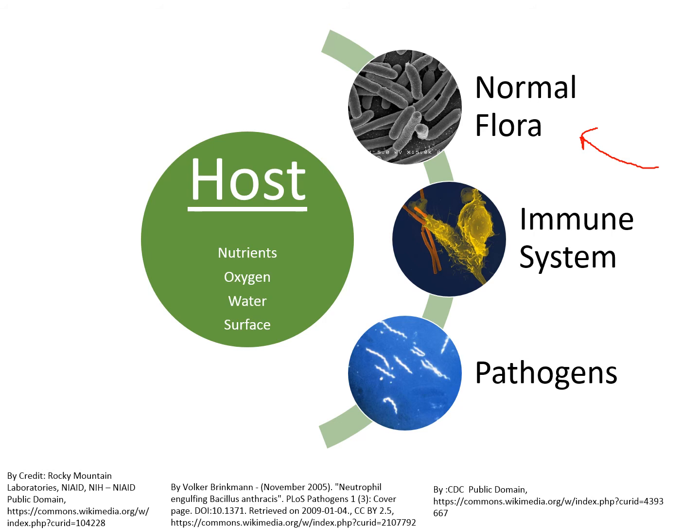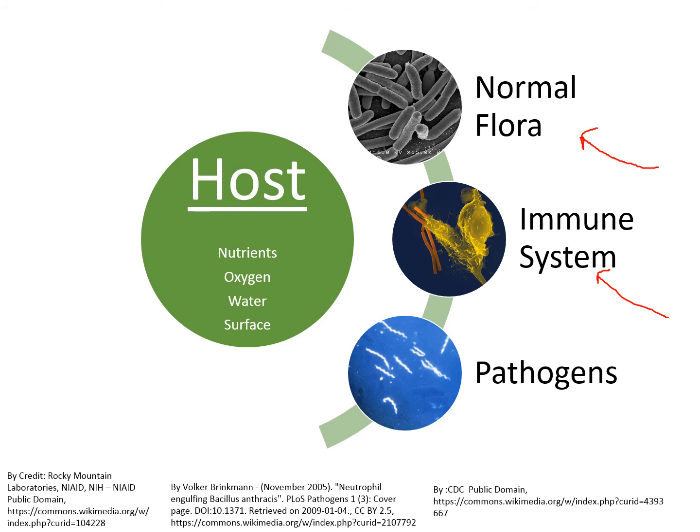The competition among the members of your normal flora keeps the microbes under control so that no one population grows and blooms and causes infection or disease. In addition to that, you have the immune system. The immune system monitors these microbes and prevents them from spreading to tissues where they don't belong and might cause disease.